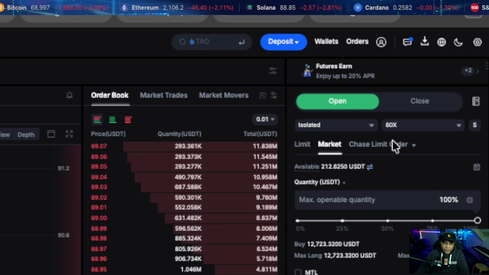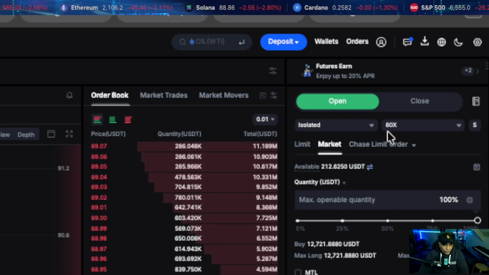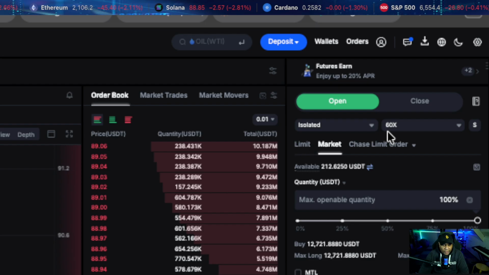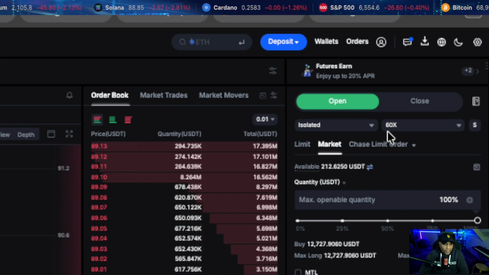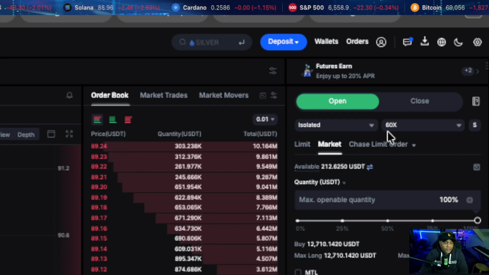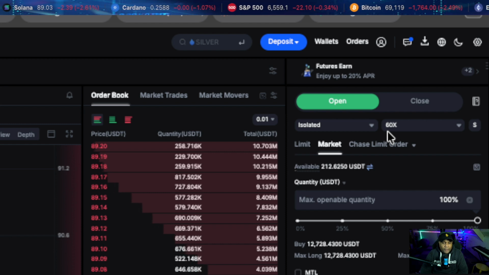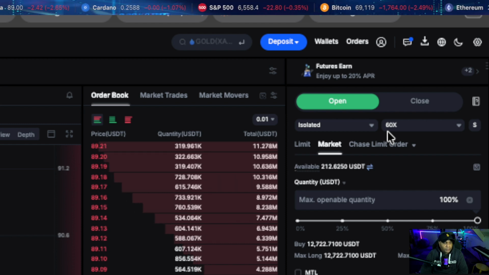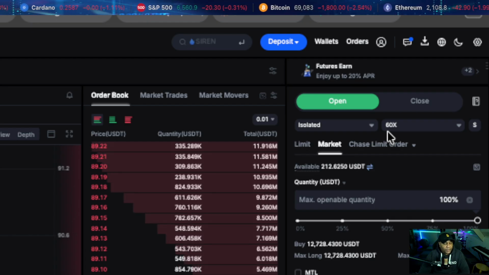And you can see here you have 60x, which means that I'm trading with a leverage of 60x on my futures account. So for example, if I had $1,000 on my futures account, it would be as if I were trading with $60,000. If I place a trade, it 60x's my amount, so that I can make more gains.